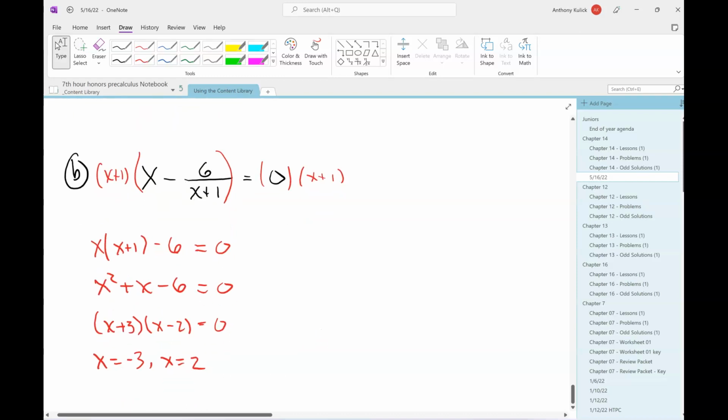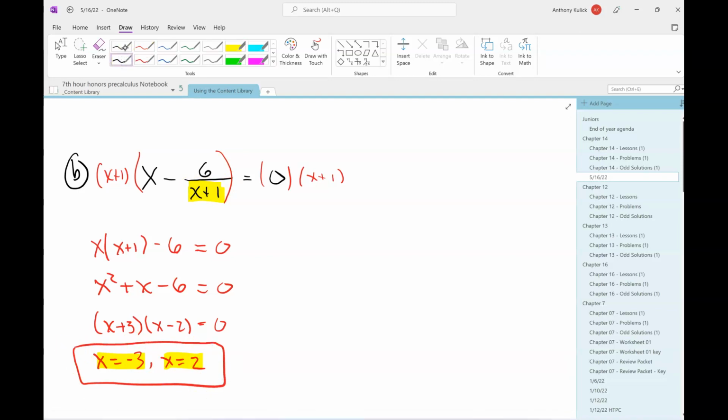Do both of those check? What do we have to look for? Just whether it gives us a zero denominator when you plug it back in, right? -3 is fine. +2 is fine. So both those solutions are good.